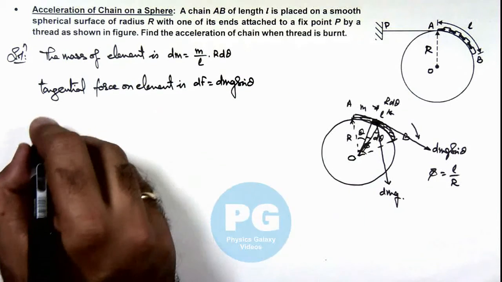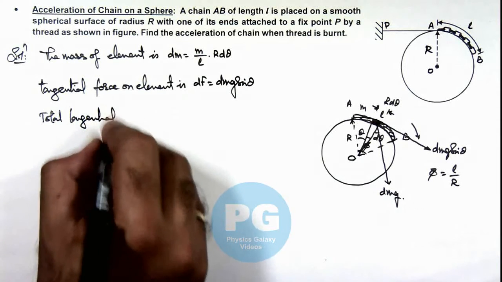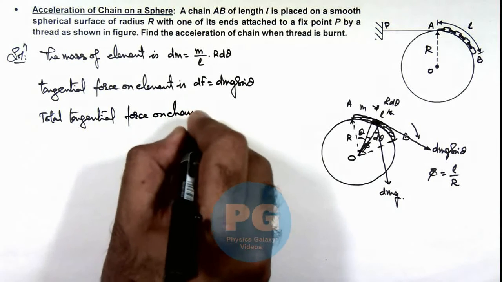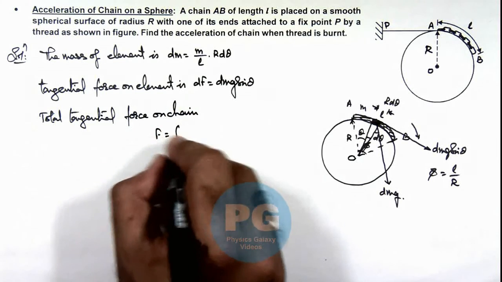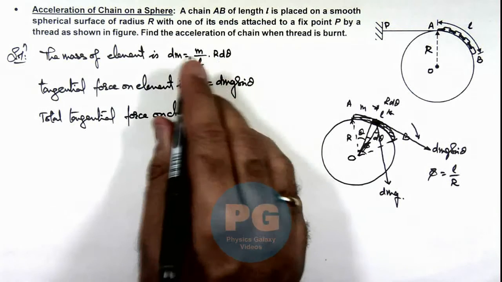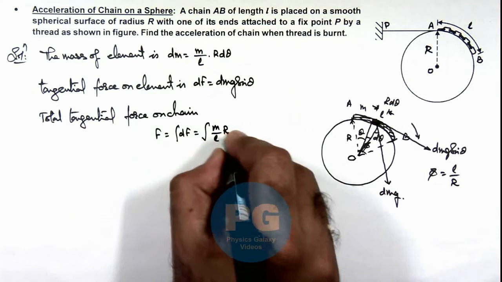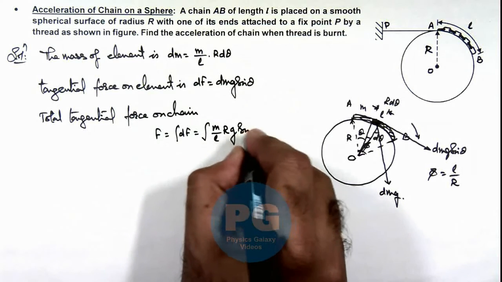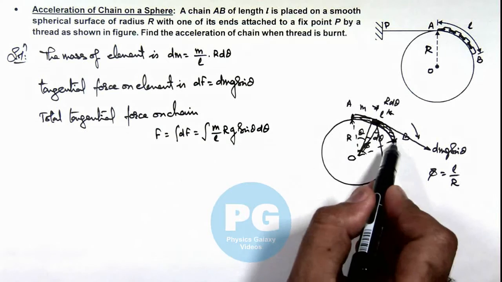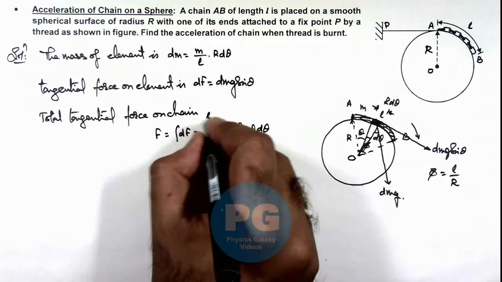And if we calculate the total tangential force on the chain, then this force can be written as the integration of dF, which is the integration of dm g sine theta, where dm we can write as m by L r and g sine theta d theta, and it will be integrated within limits from point A to B, where the value of theta will vary from 0 to phi, which is L by r.